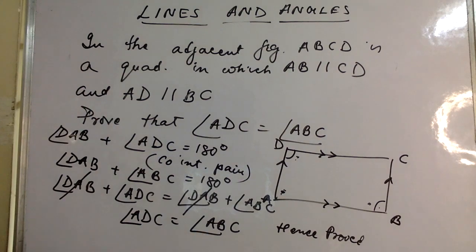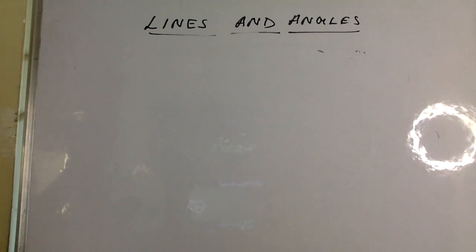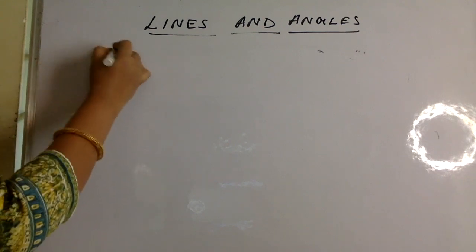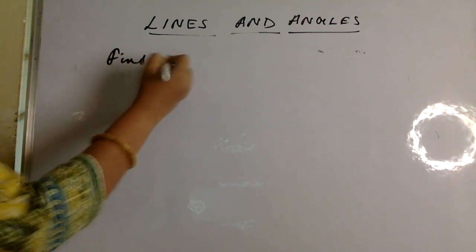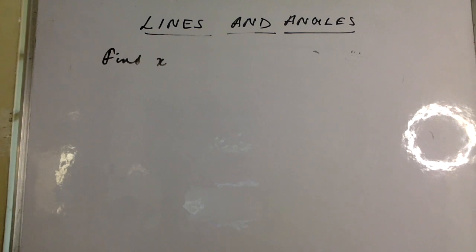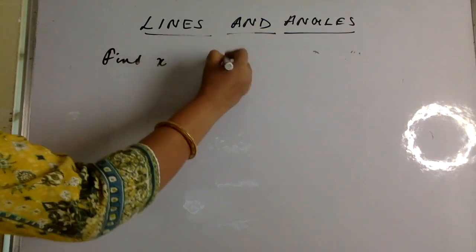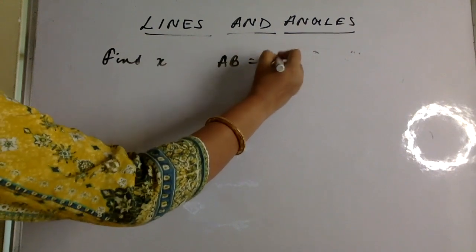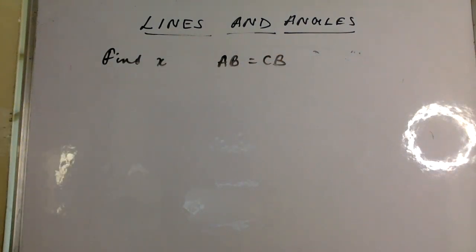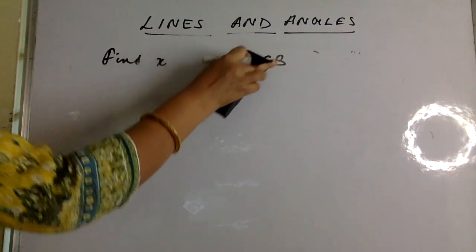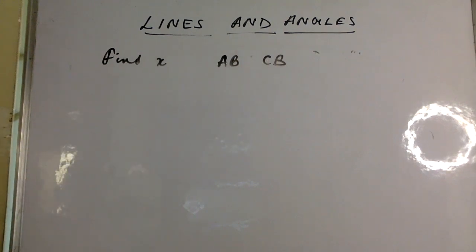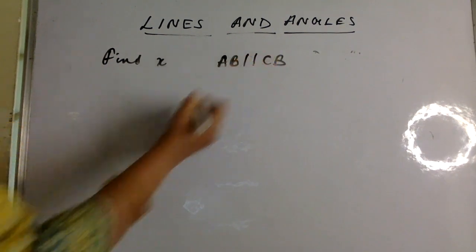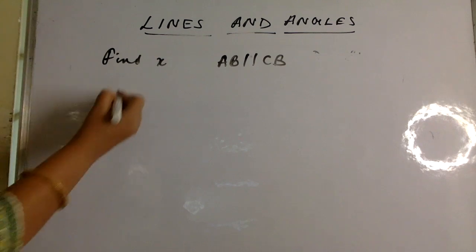So we have proved what they wanted us to. The next sum is: find x, when AB is parallel to CE. This is the diagram.